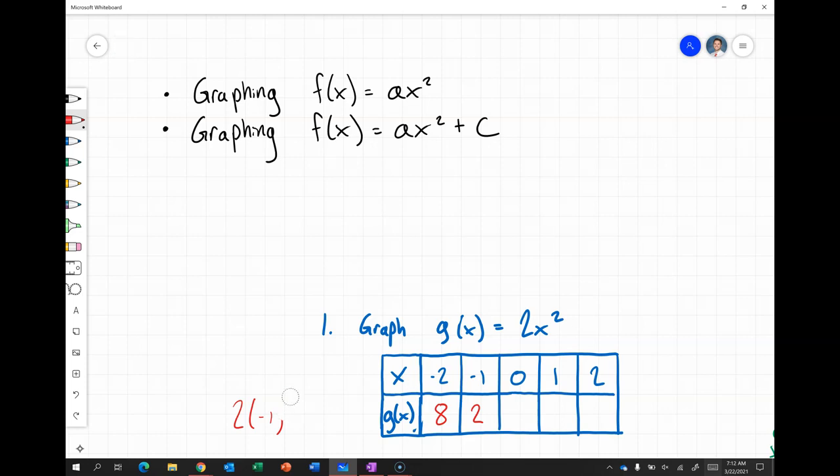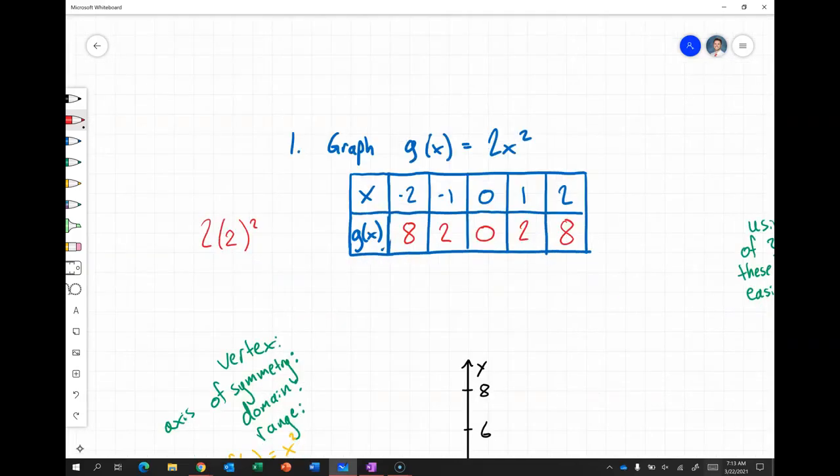Then we have 0. 0 squared is 0, and 0 times 2 is 0. Then for 1, 1 squared is 1, and 1 times 2 is 2. And then for 2, 2 squared is 4, and 2 times 4 is 8.